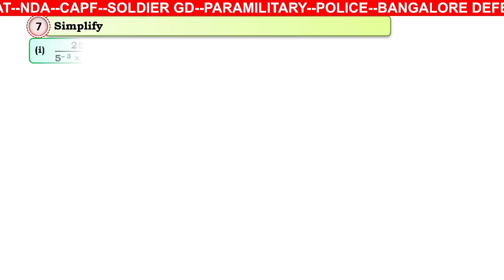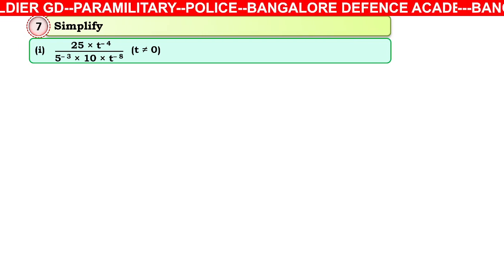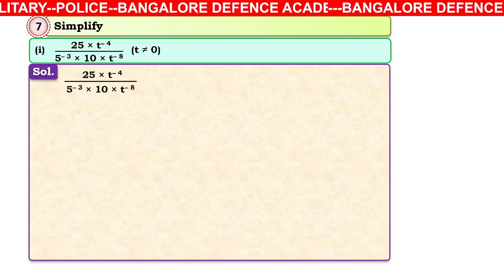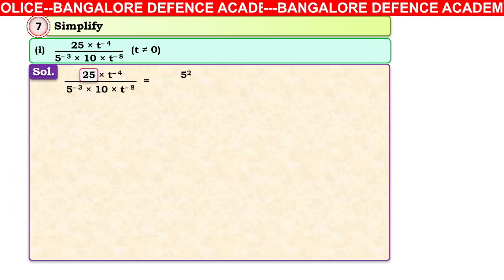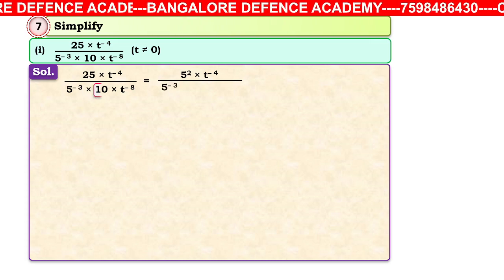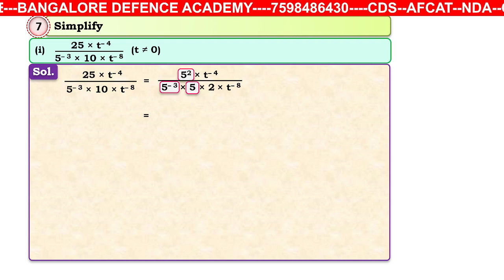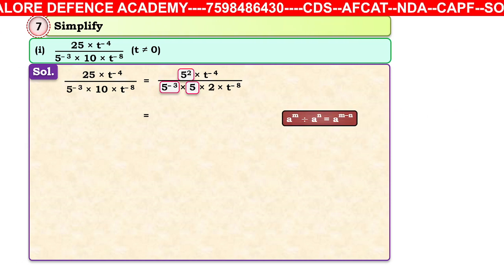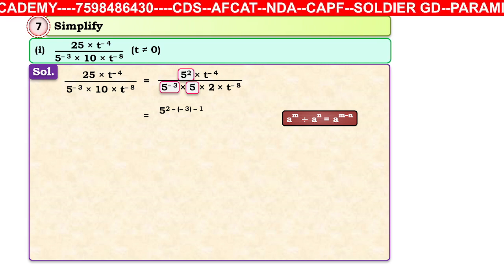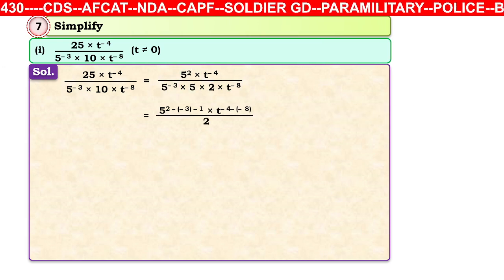Okay, next question. 25 into t to the power of minus 4 divided by 5 to the power of minus 3 into 10 into t to the power of minus 8. So here 25 can be written as 5 square into t to the power of minus 4, over 5 to the power of minus 3, 5 into 2 into t to the power of minus 8. If I want to subtract the powers, it becomes 2 minus of minus 3 minus 1 into t to the power of minus 4 minus of minus 8, divided by 2.